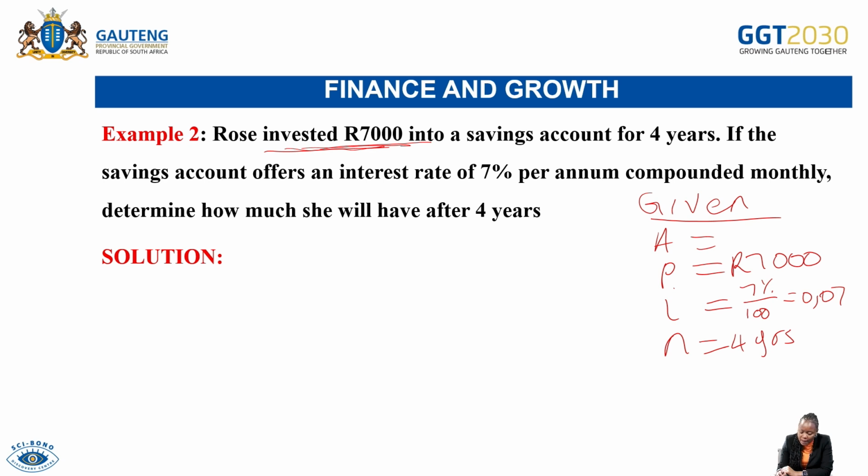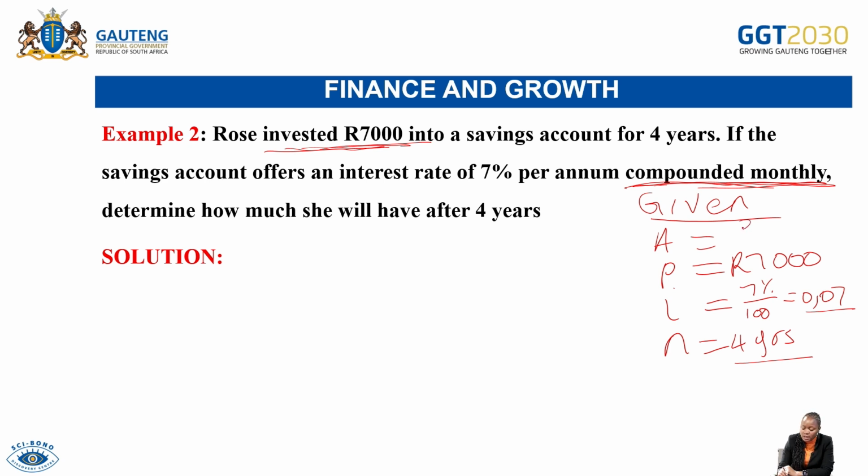Okay, per annum compounded monthly. So the minute they say compounded monthly, you need to ask yourself, how many months do you have in a year, right? So it means now your interest rate is going to be divided by 12, and also your 4 is going to be multiplied by that 12. Ne? So they're saying now you must determine how much she will have after 4 years.